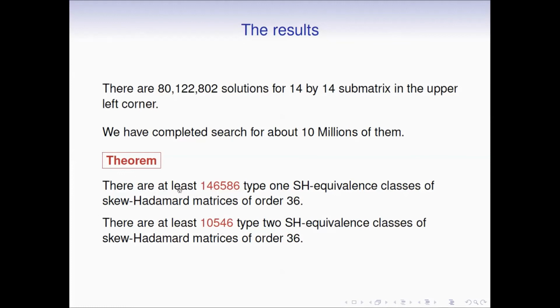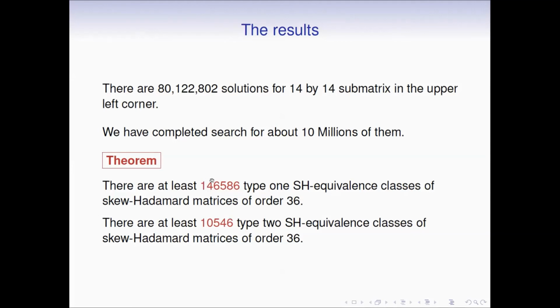We have found that there are at least so many type 1 Skew-Hadamard matrices. And also we have found at least so many Skew-Hadamard matrices of type 2.